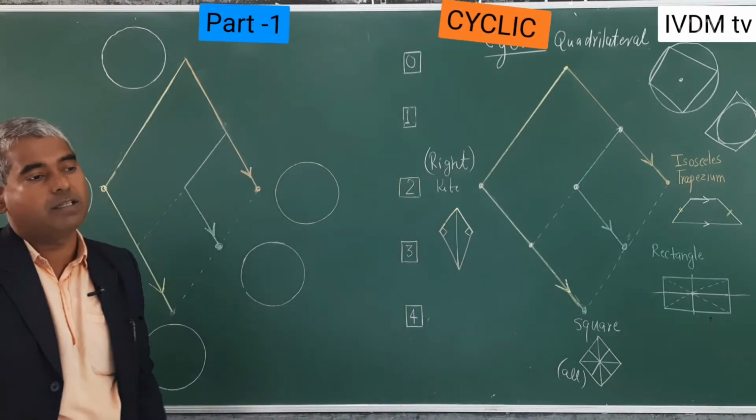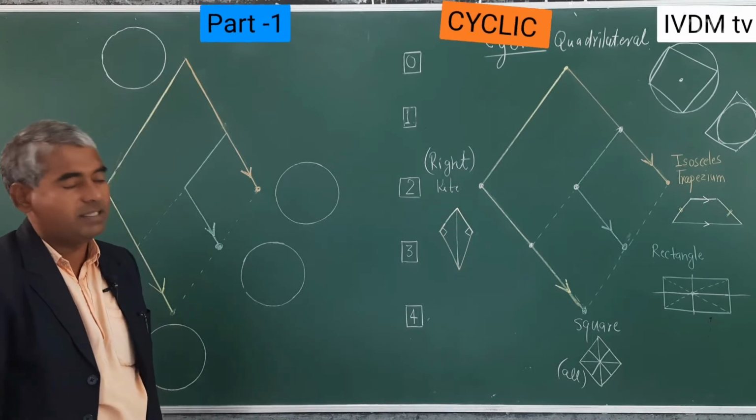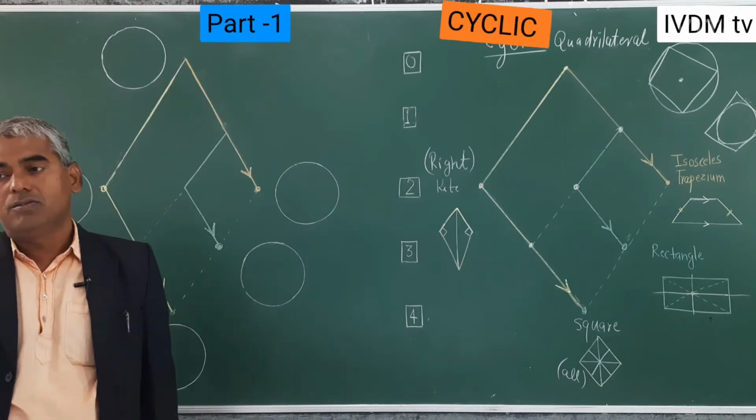What are the conditions? How can you say whether this is a cyclic quadrilateral or not?